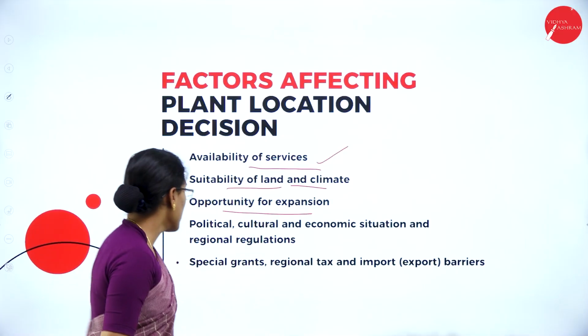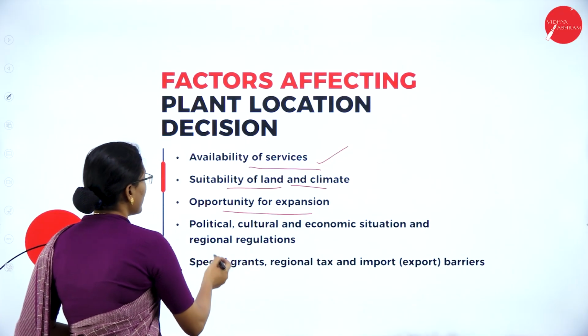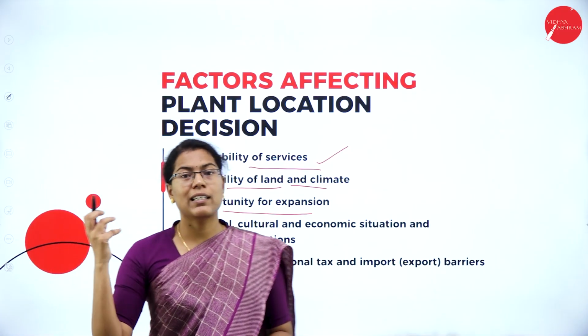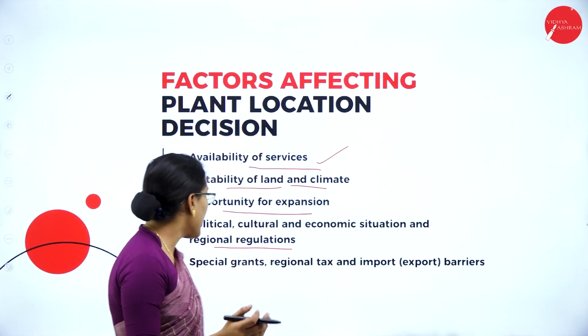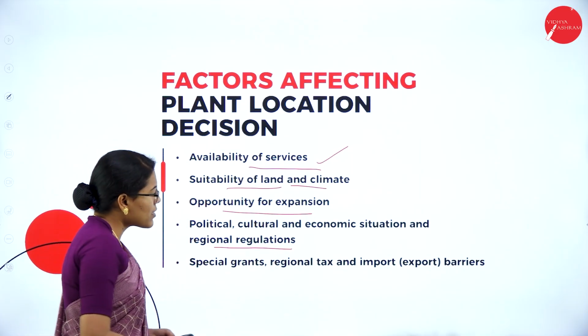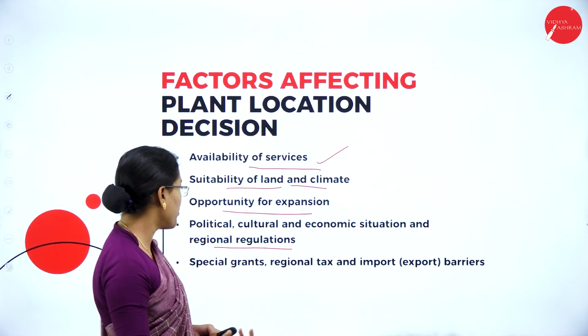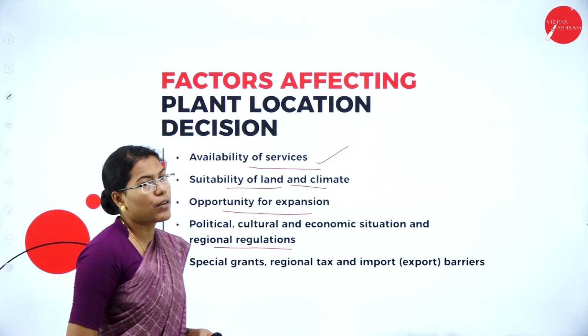Next we have political, cultural and economic situations and regional regulations. Here, how is the political stability in that particular area, and also the cultural differences. Again, it affects the kind of products that you wish to market to the people, and the economic situation and regional regulations.